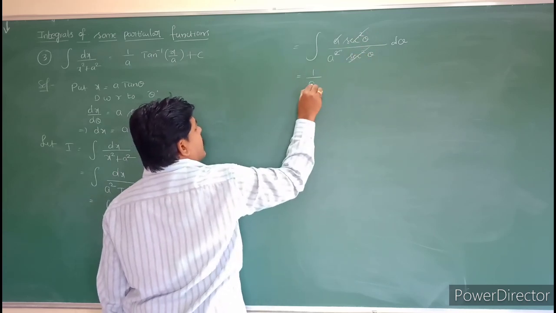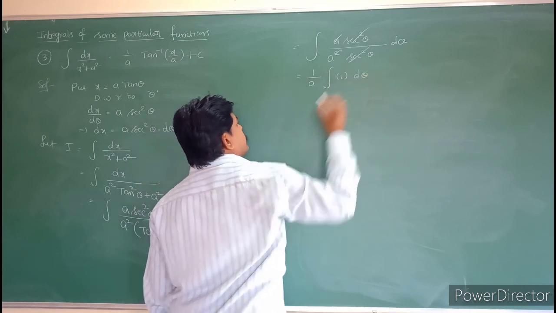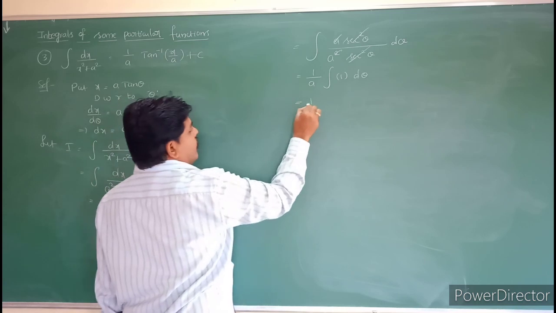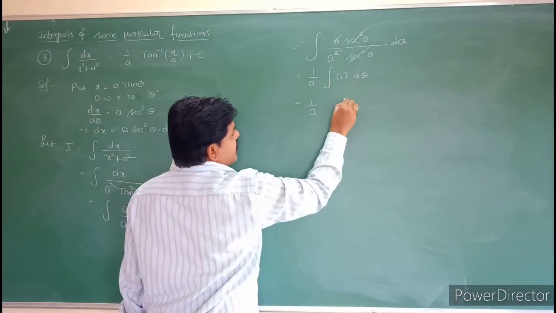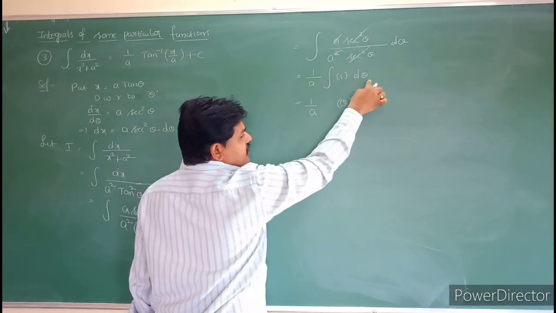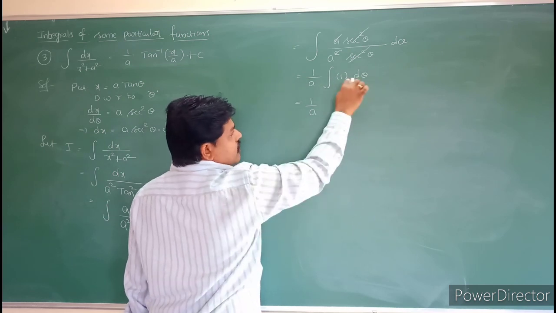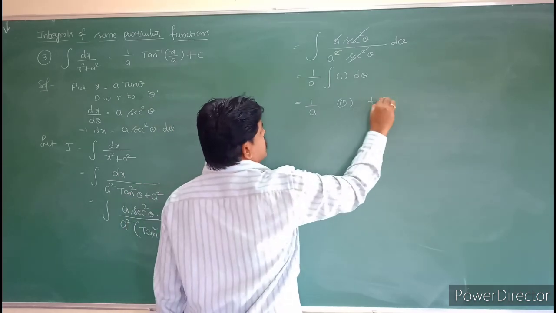It becomes 1 by a integral of 1 into d theta. The integral of 1 with respect to theta gives theta plus c.